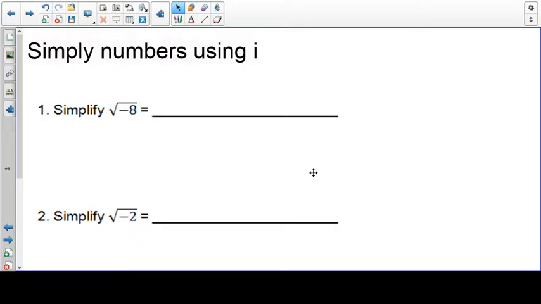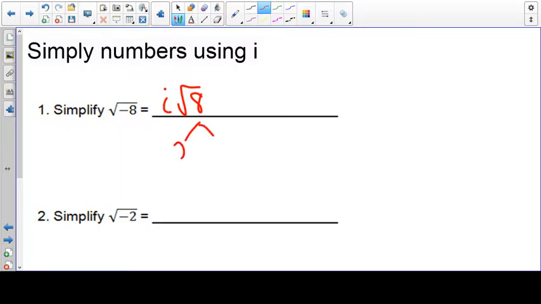So let's do some of the stuff together. So I have the square root of -8. So the square root of that negative number turns into i. So then I have i square root 8. And I know that 8 can break down into 2 and 4. And my 4 breaks down into 2 and 2. So I have 2 buddies come out.